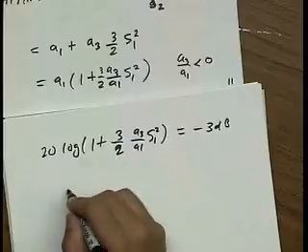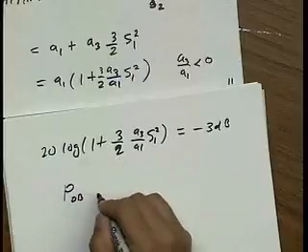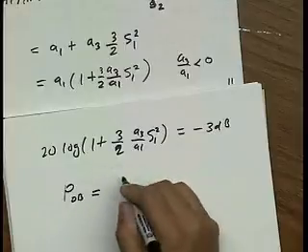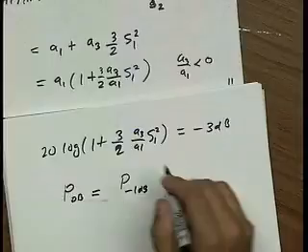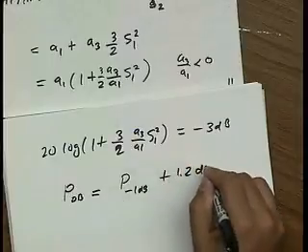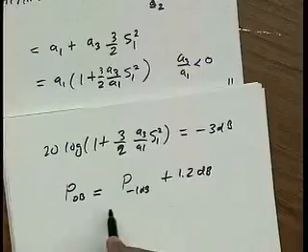If I do that, I can find my blocking power, and you'll find that if you just do the math, it's equal to the minus 1 dB power plus 1.2 dB. So at this power level, the gain of your system will drop by 3 dB.